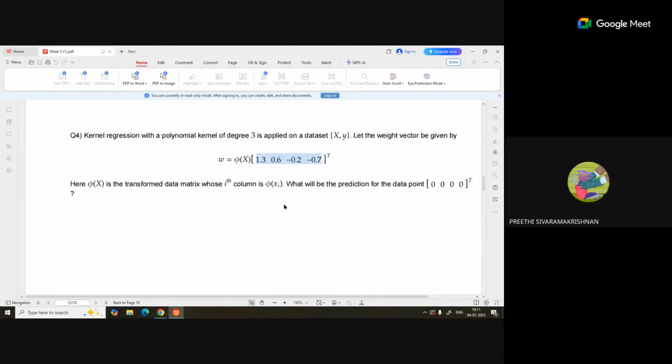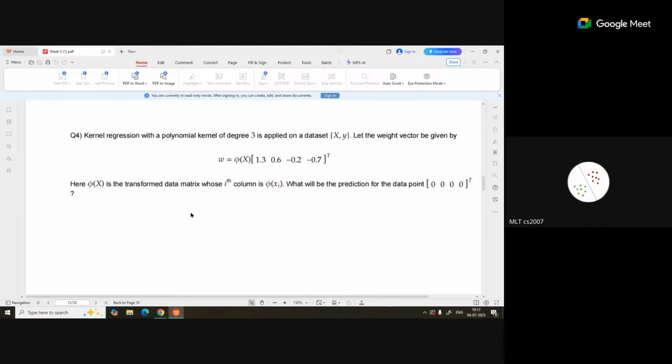Then k of xi xj you are finding out, so it is 1 plus xi transpose xj, whole to the power cube.